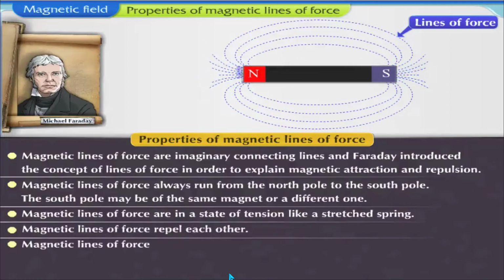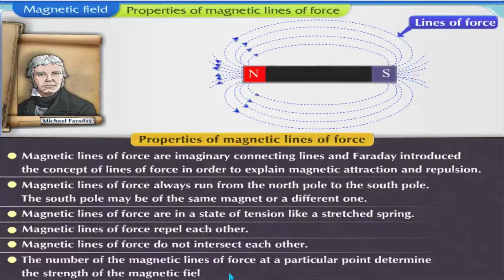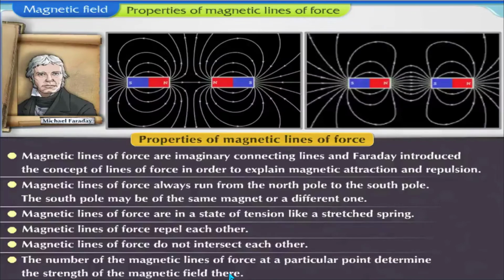Magnetic lines of force do not intersect each other. 6. The number of the magnetic lines of force at a particular point determines the strength of the magnetic field there.